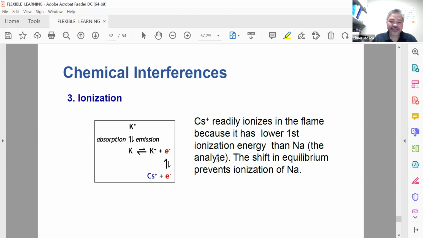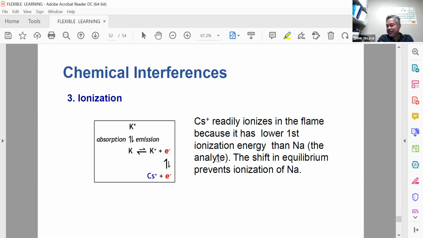Okay. Now, the example that we can include here is, we could say, potassium. If you're going to look at the potassium, okay, the absorption and emission of the potassium to give you K. So if you're going to have, let's say, potassium ion that is being produced, there you can add cesium.